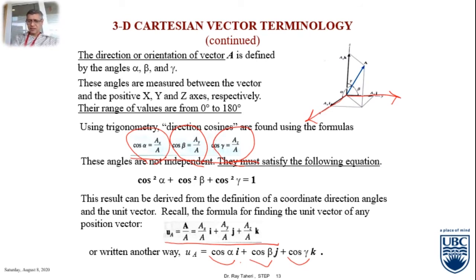And if you want to find the magnitude of this vector, you do x squared, y squared, z squared, and it is equal to 1. Therefore, this is a unit vector because its magnitude is 1.